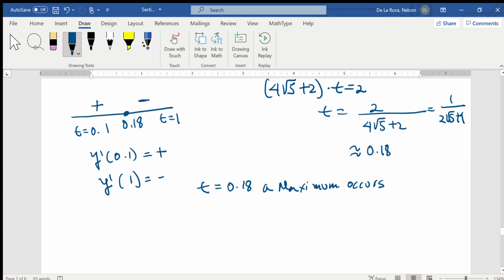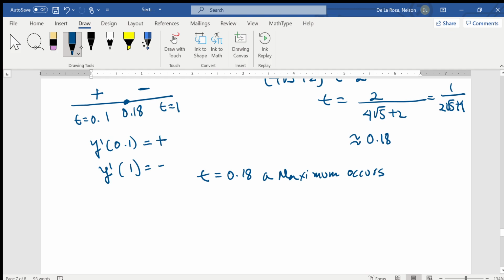And then to find the maximum displacement, which is what the question is asking about, the maximum displacement is going to be given by replacing 0.18 in the actual solution.